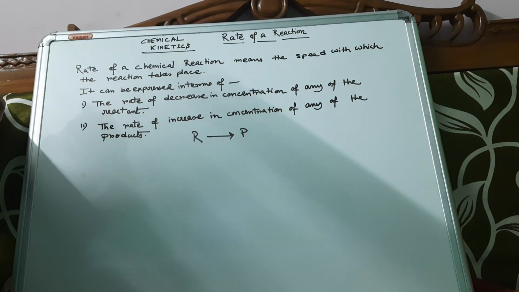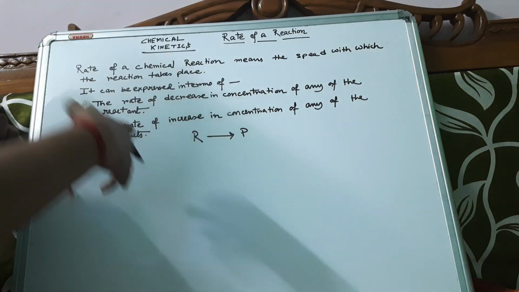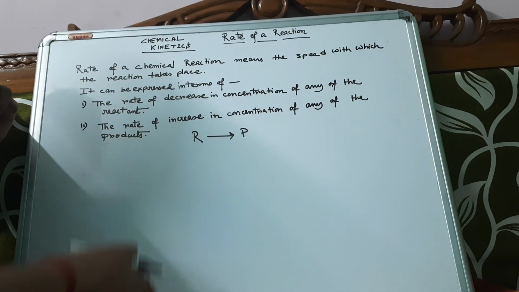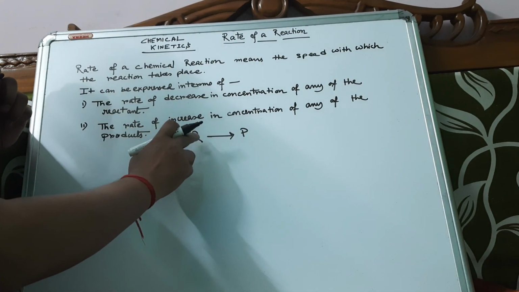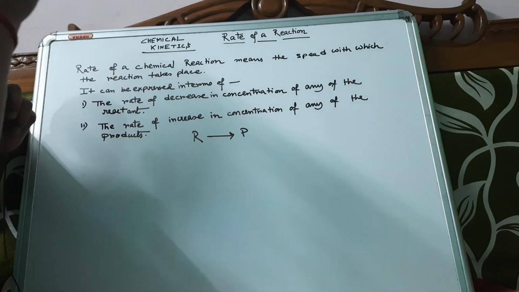Gradually the reactant R will be consumed and form products, so its concentration gradually diminishes and the concentration of the product gradually increases.